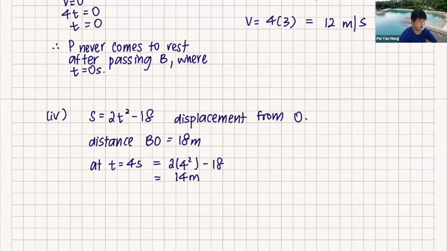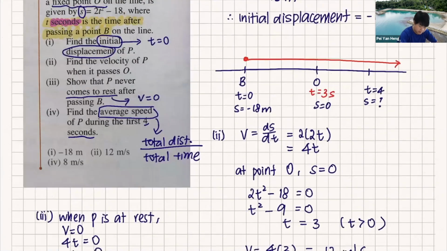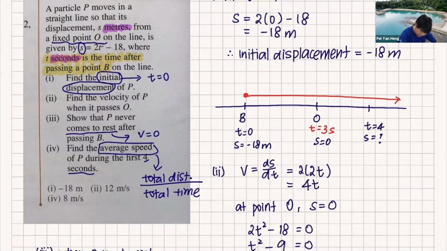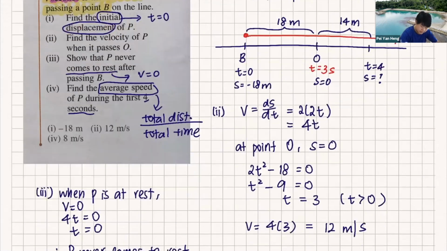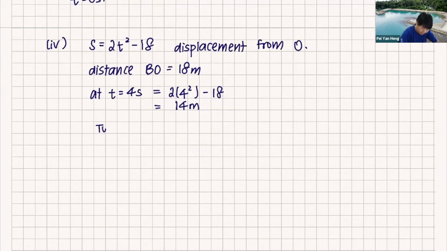Going back to the diagram, this distance here is 14 meters, and here is 18 meters. So the total distance traveled is 18 plus 14, which gives me 32 meters.